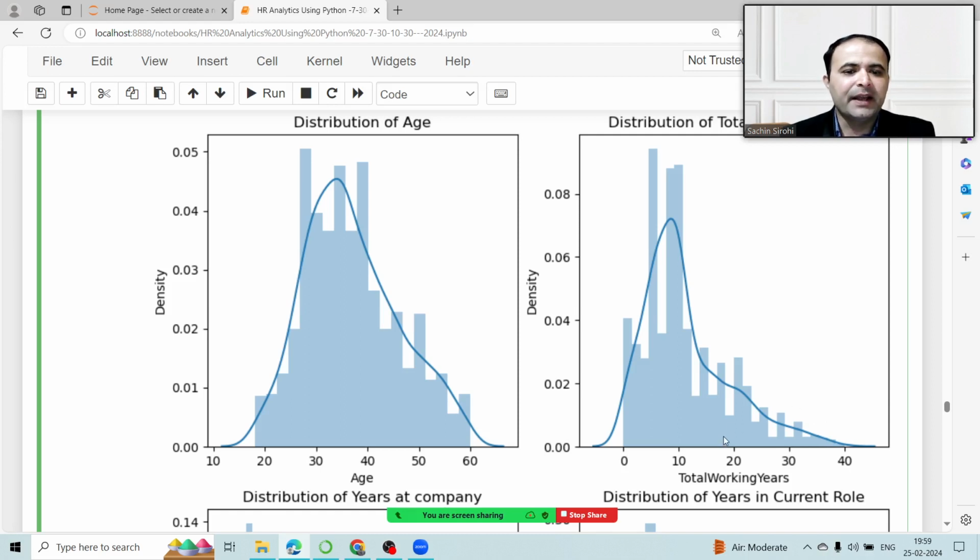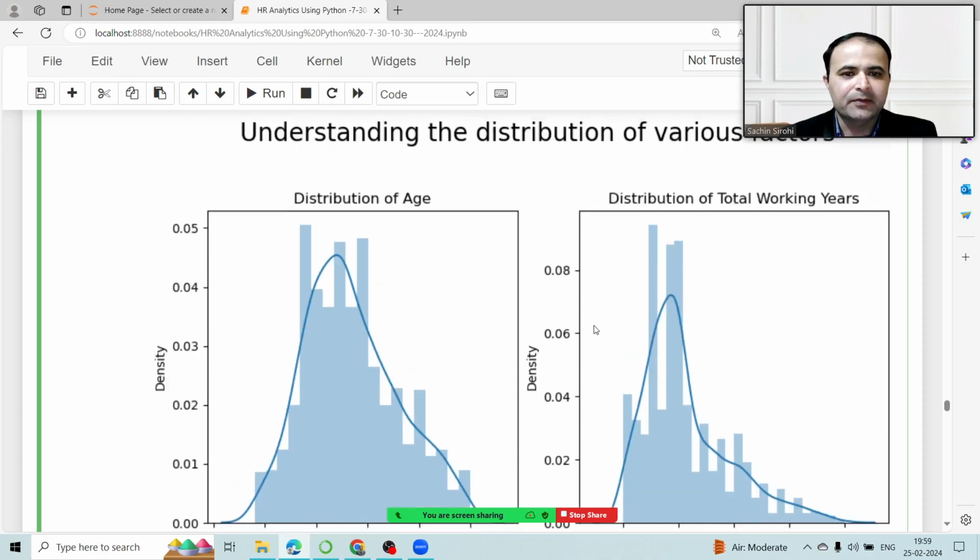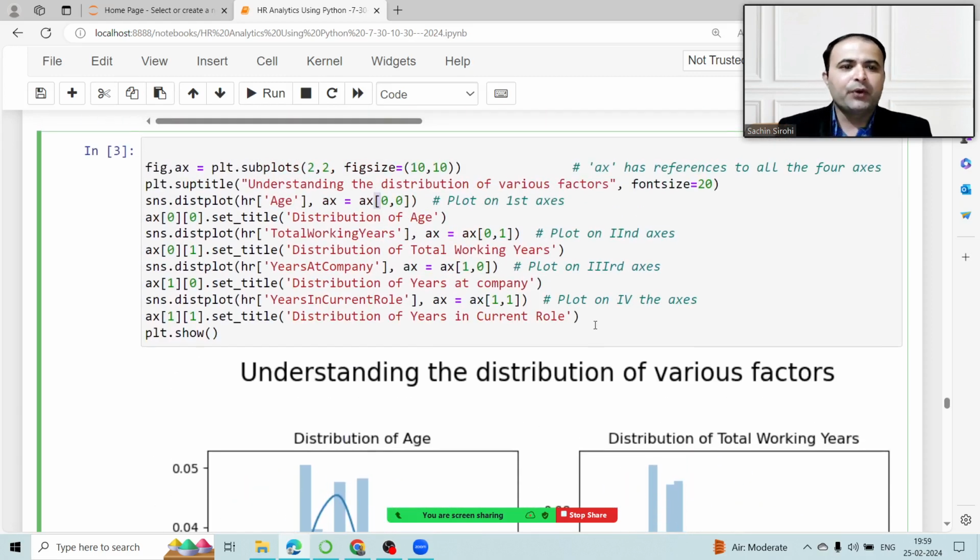Most employees have been working around 5 to 11 years, which is a high rate. If you consider a particular employee, they may have been working at this company for the last 10 or 15 years. So these are the columns which I have already plotted.